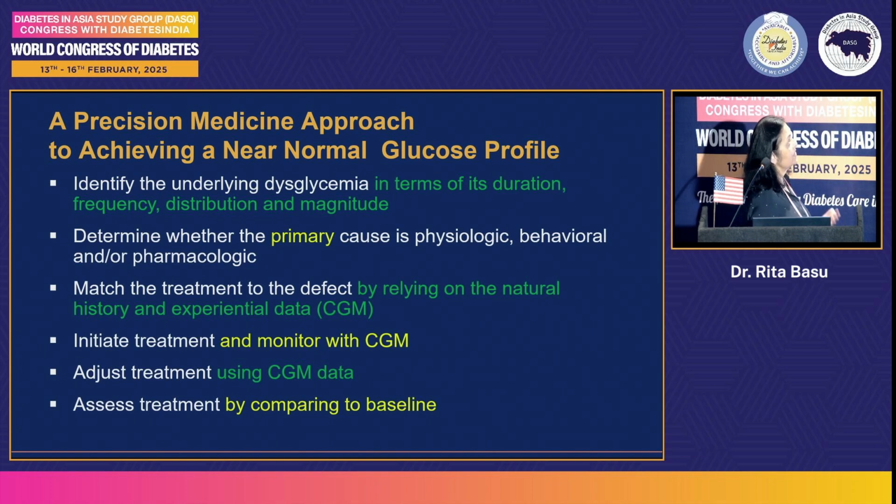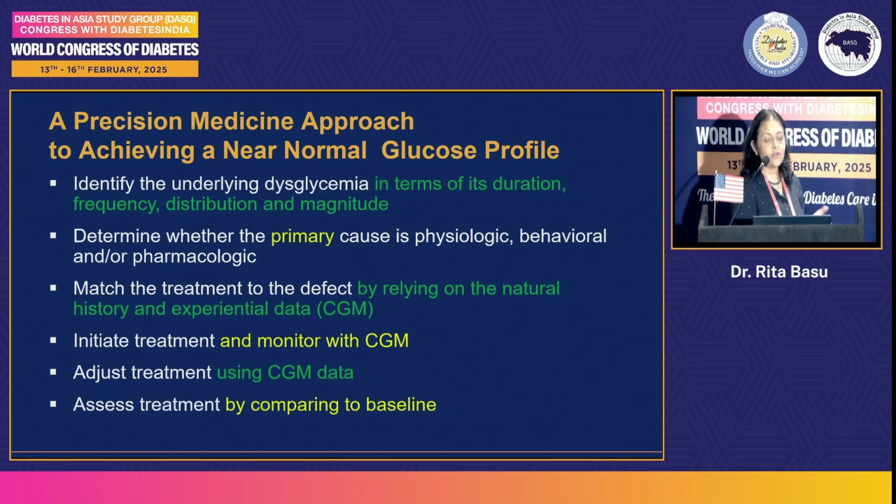at least my understanding of this is that a precision medicine approach to achieving a near normal glucose profile is to identify the dysglycemia in terms of its duration, frequency, distribution, and magnitude by putting people on CGMs, and determine whether the primary cause is physiologic, like I told you, or behavioral and/or pharmacologic.